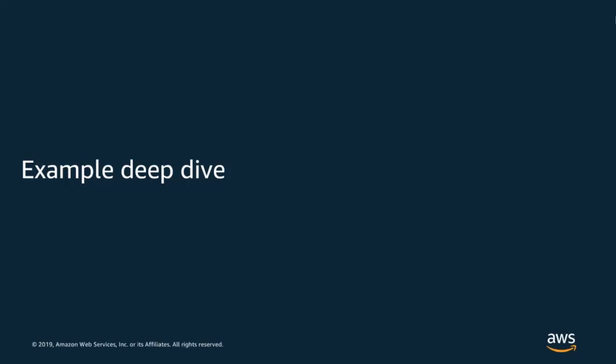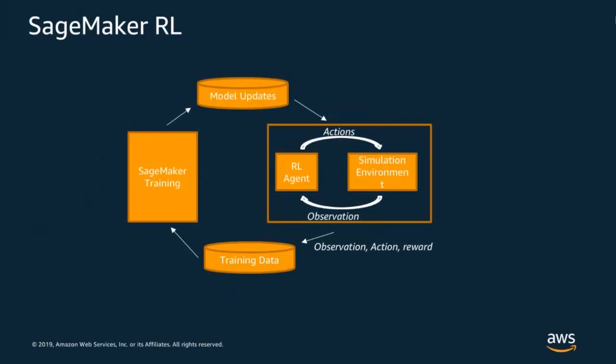But before I go into that, I want to point to the set of examples that we have in our GitHub repository. And I'll use one of the diagrams that Urvashi earlier used as a point of reference. So in this particular architecture, you have this SageMaker training box and you have this RL environment box.